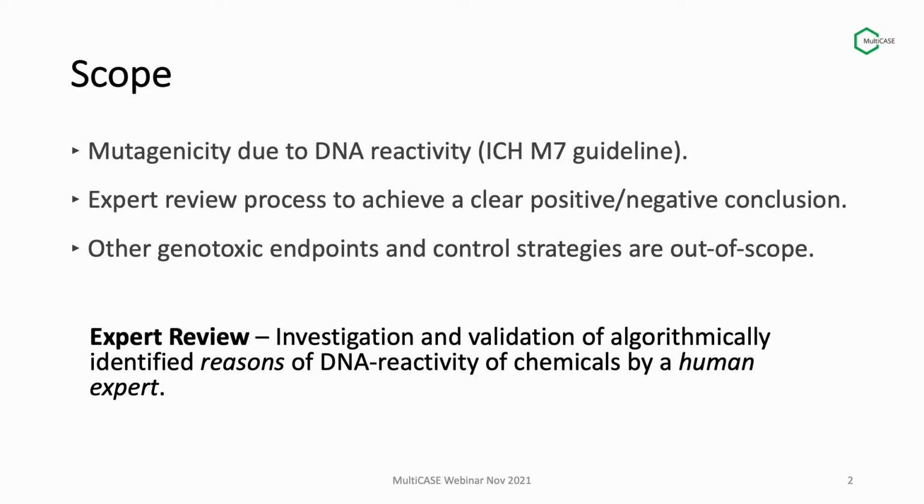In this definition, few things stand out, and the first one is the reasons of DNA reactivity. When I say reasons of DNA reactivity, I'm trying to indicate towards the identification of structural alerts in a chemical by a computer algorithm or a computer program, and this process should be done by a human expert. So with that definition in mind, we can move on, and it would actually also set a stage for an explanation of the upcoming slides.